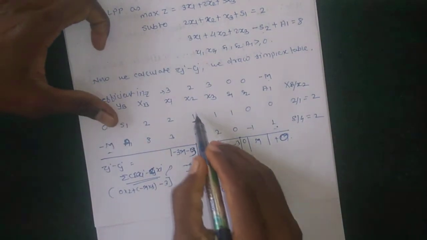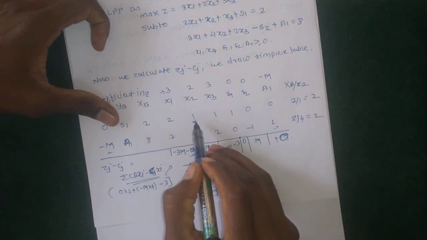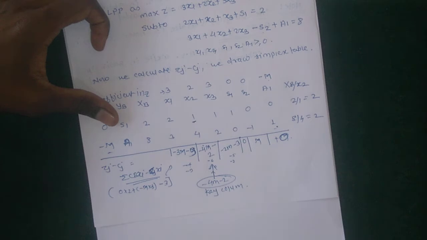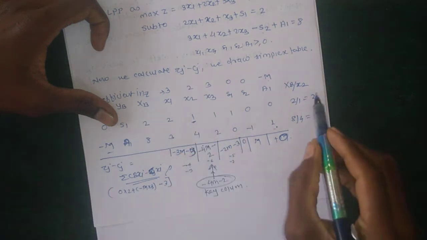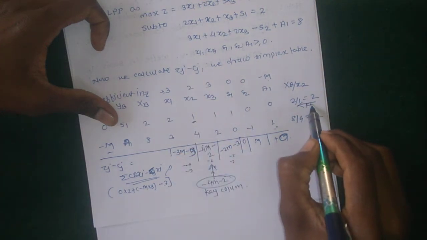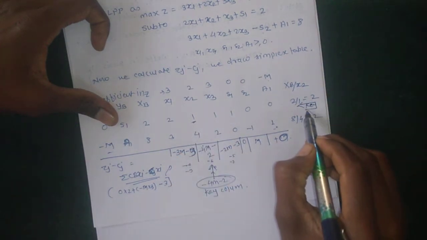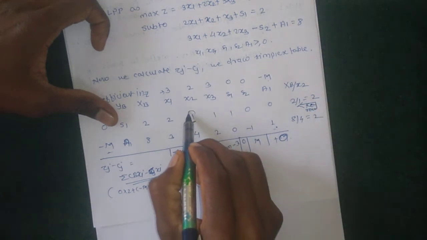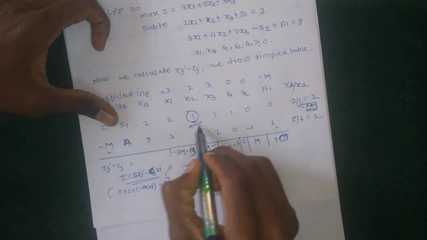Okay, so the leading element is 1. If we take it, then 1 is already given as unity, so we need one operation less for calculation; this is better for choosing. And therefore this is our key row. And the intersection of the key column and the key row is our leading element.